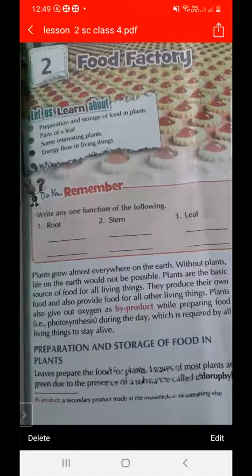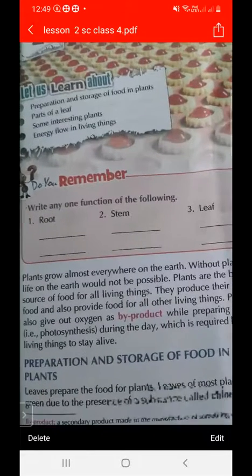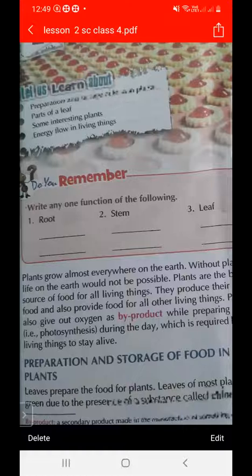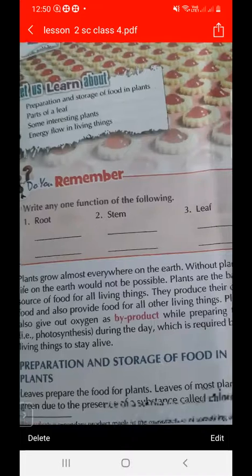Root carries minerals and nutrients from the soil to other parts of the plant.